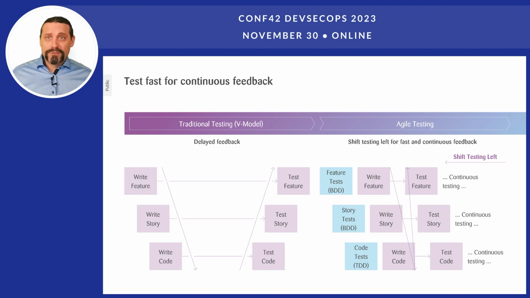Usually we are not that lucky in that model, and no test is written on code level. And then the story goes to a tester, which tests the story, and then another tester will test the feature. Usually in between that, writing a feature and testing the feature, it can easily be 3 months, 6 months, or even a year. So it's delayed feedback.